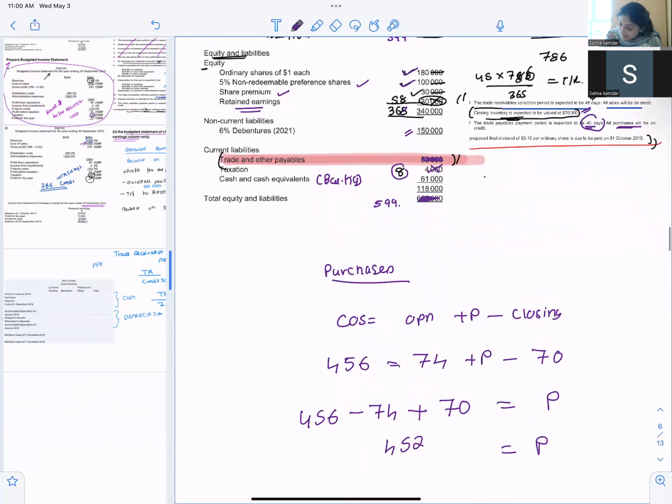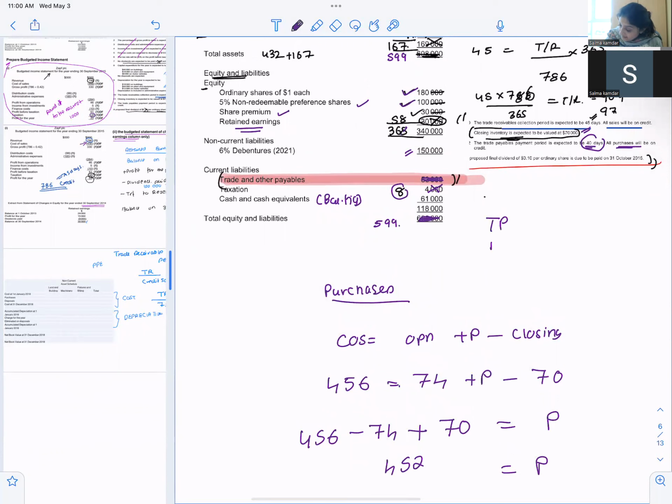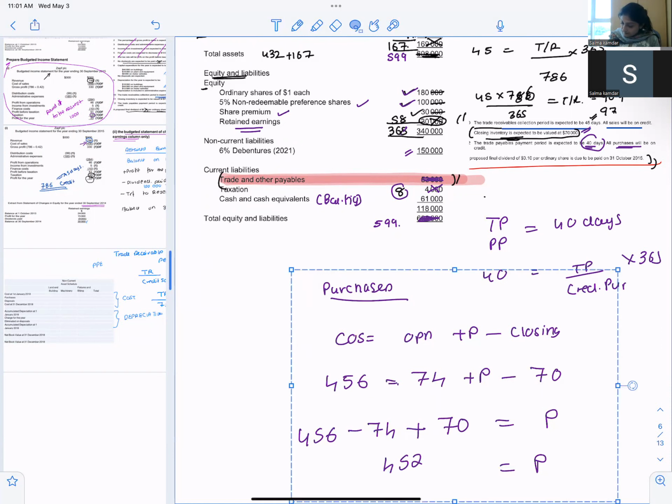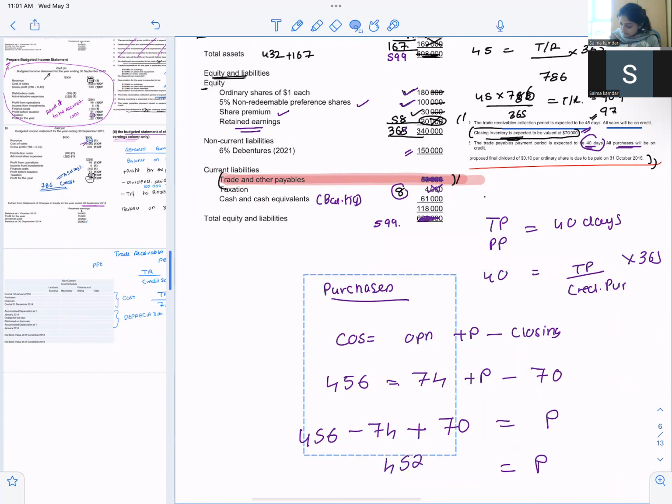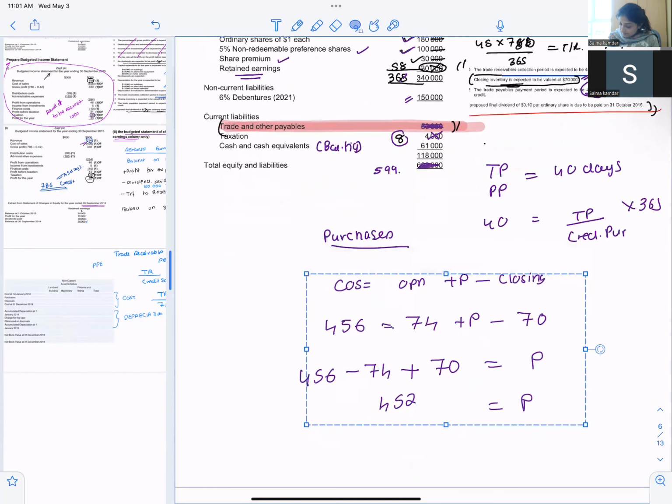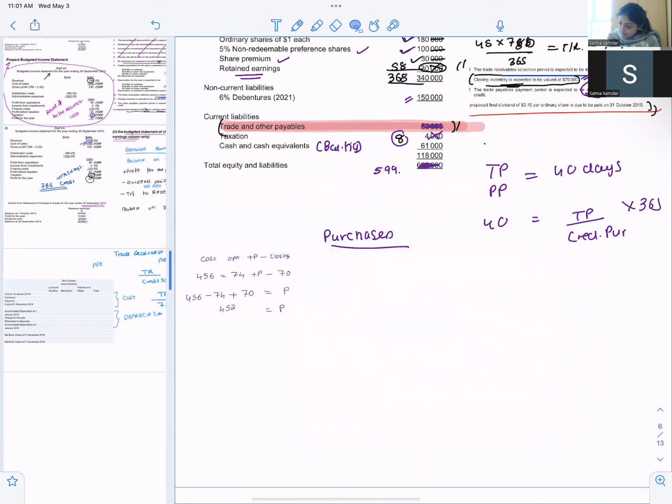Now my trade payable payment period is 40 days. That means 40 is equal to trade payables upon credit purchases into 365. So let's see what my trade payables are.